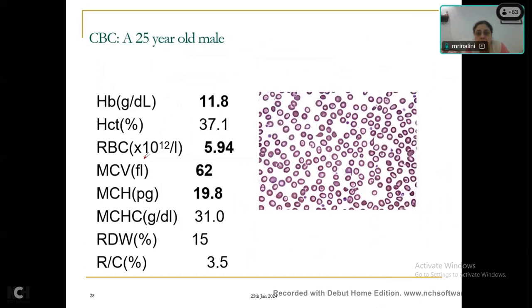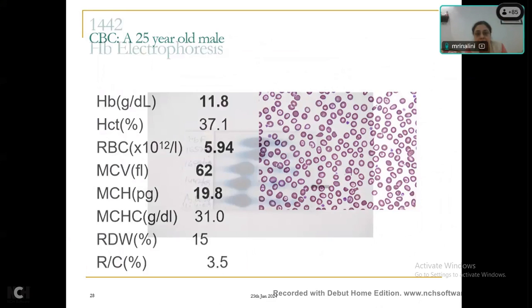Okay. So does it help you with anything? Yes, ma'am. From the parameters that are present in front of me, I can derive a Mentzer's index, and it is less than 13 because of the low MCV and the increased RBC count. So it points towards the possibility of beta thal trait. Okay.